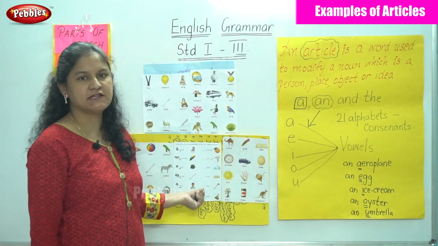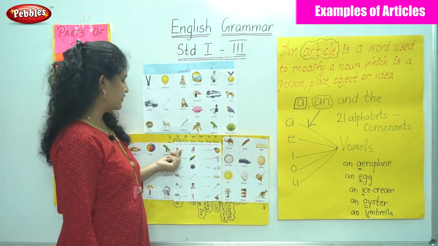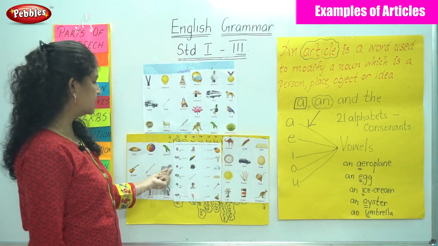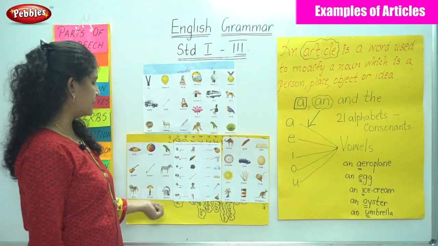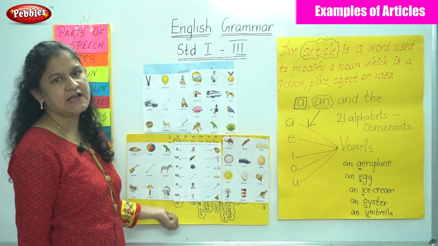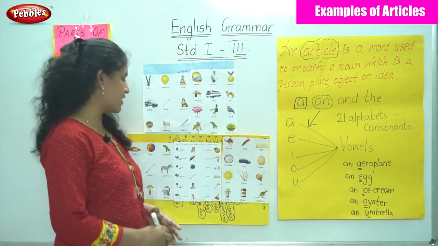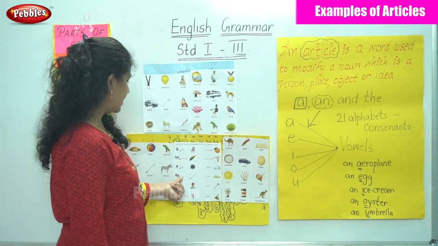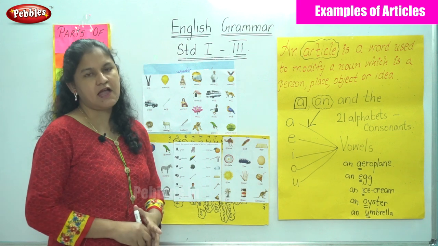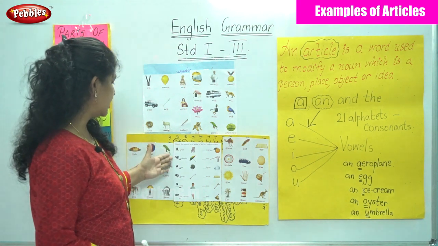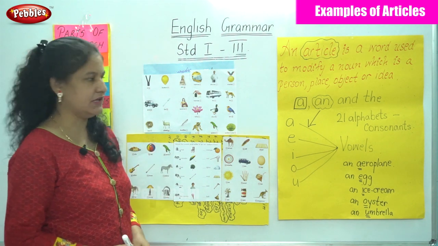So we say a chair, an umbrella, a tree, an arrow, a boy, an ice cream. So we use the article an before the vowels, that is U, A and I, and we use the article a before the consonants C, T and B.